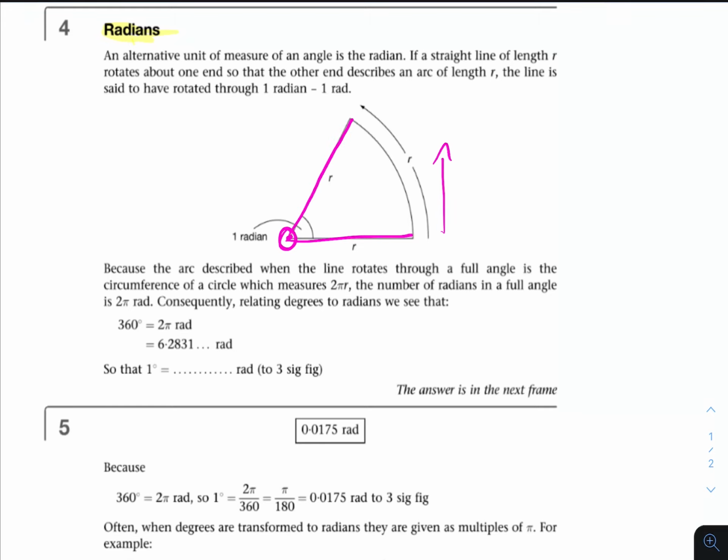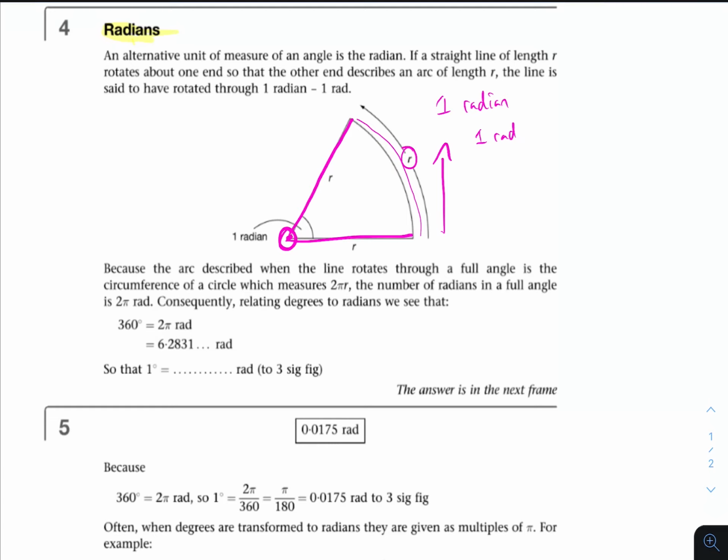You can see that, yeah? So this distance that is covered here is also equal to r. It's said to have moved 1 radian, or another way of saying it is 1 rad.